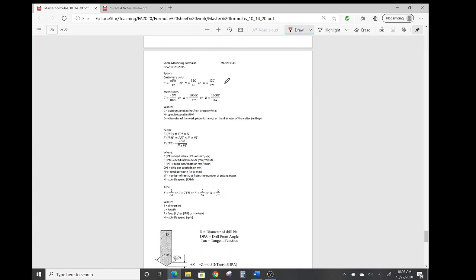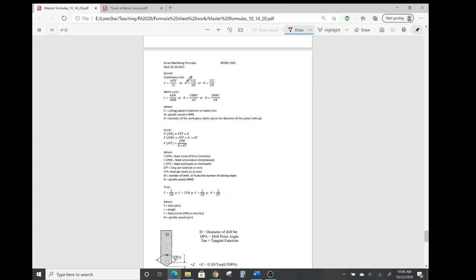Now, in CNC programming, most of your machines have a function you can use called constant surface speed. Let's say it's a lathe operation. As the part gets smaller in diameter because you're turning it, it'll speed the machine up. As the diameter gets smaller, your RPMs will increase.